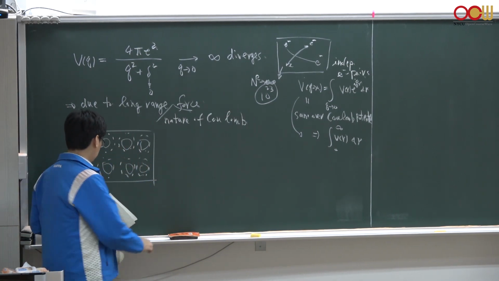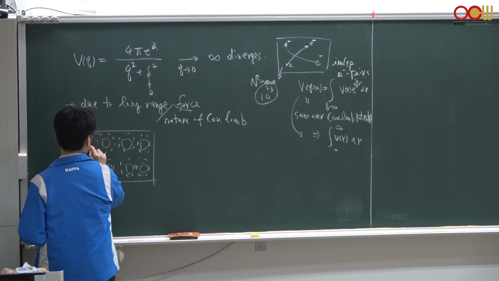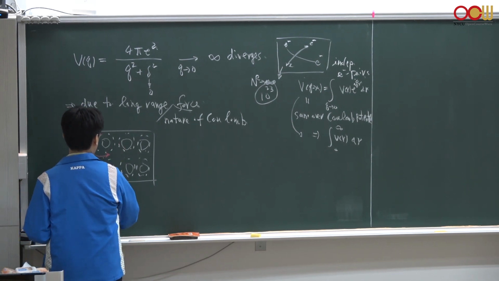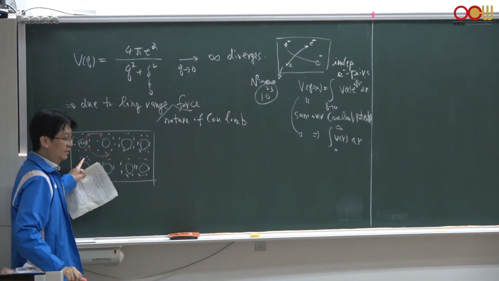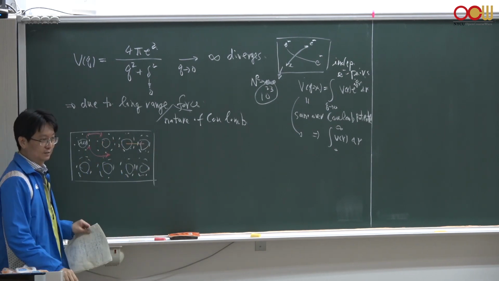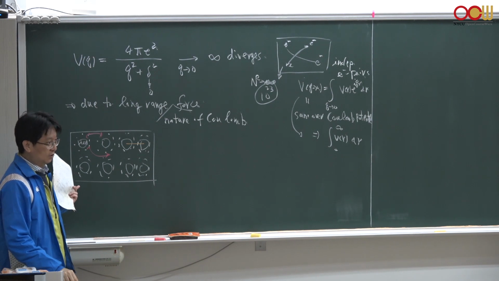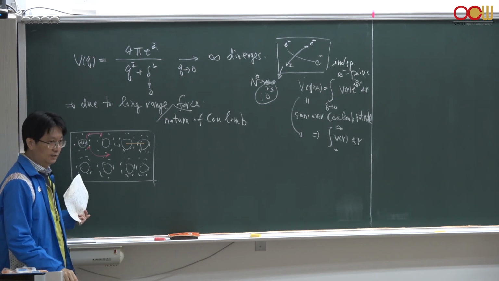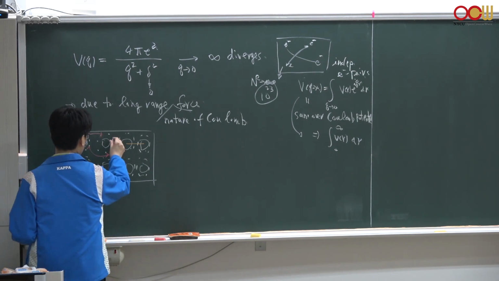If you just consider the Coulomb energy between pairs of free electrons, you get infinity, but you should also calculate the potential between ions, because the Coulomb interactions are everywhere: between any two electrons, between two ions, and of course, between ions and electrons.